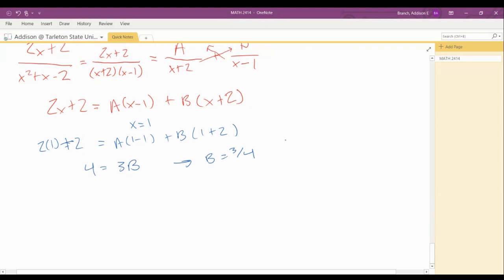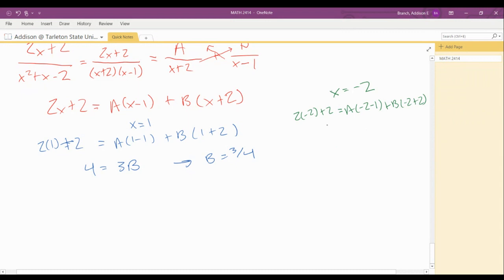Similarly, we can also look at this and have an x equals -2. If we plug that in, we get 2 times -2 plus 2 equals a times -2 minus 1 plus b times -2 plus 2.